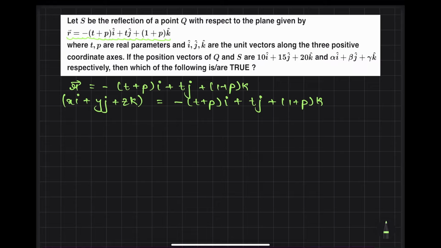Now if we are not getting any kind of idea, can I equate i with i, j with j, and k with k? So x will be equal to what? x will be equal to minus of t minus of p. y will be equal to plus of t, and z will be equal to 1 plus p.